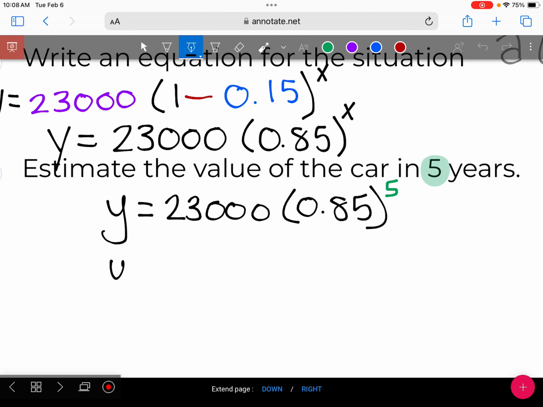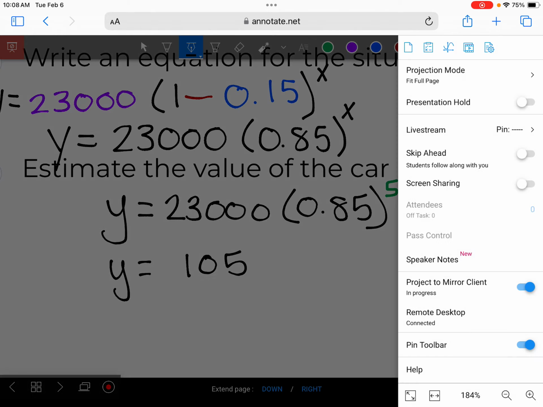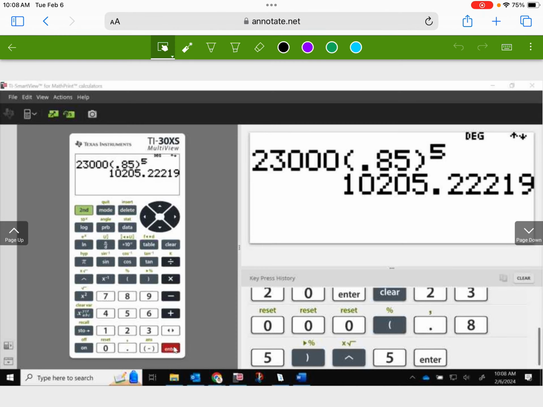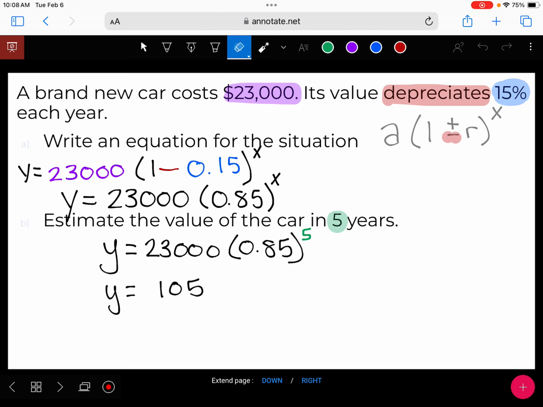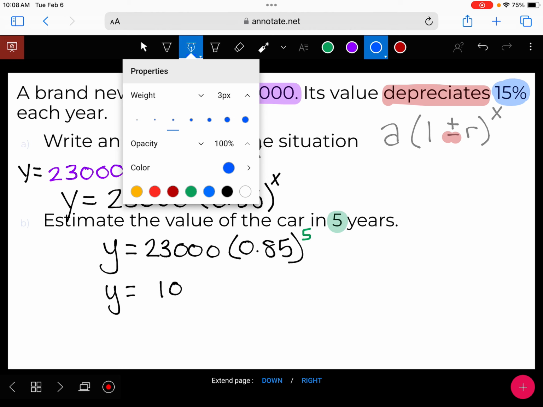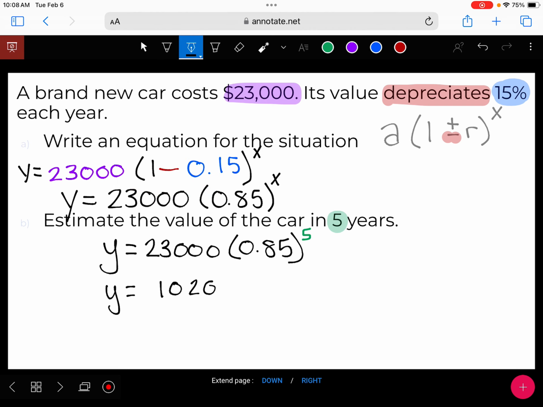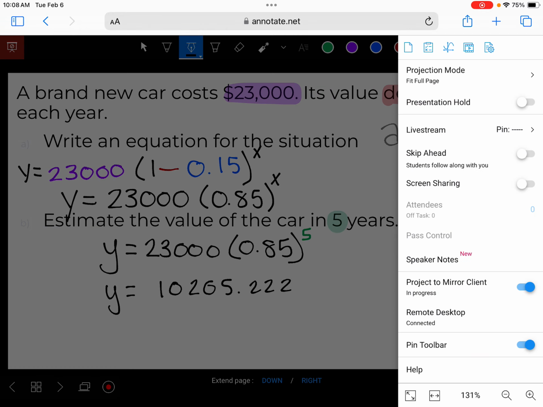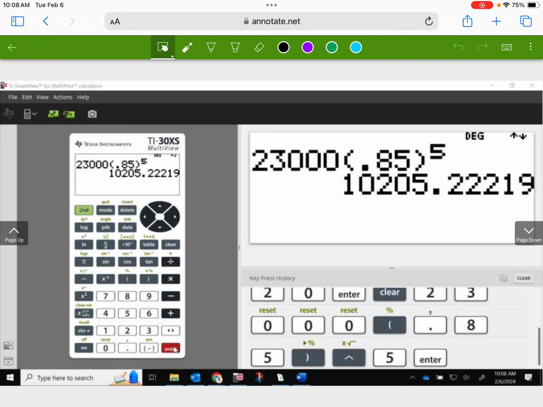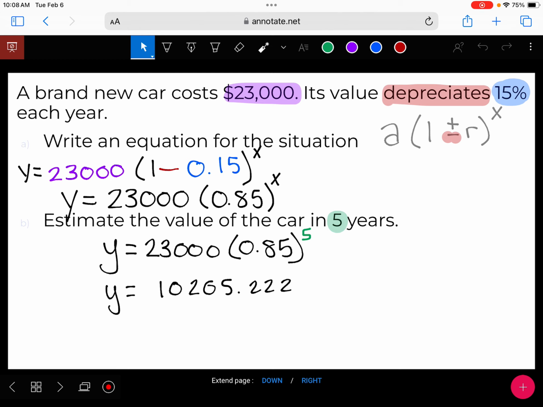So we have our Y equals 10,205.22. What unit are we talking in here? What is this about? Money.